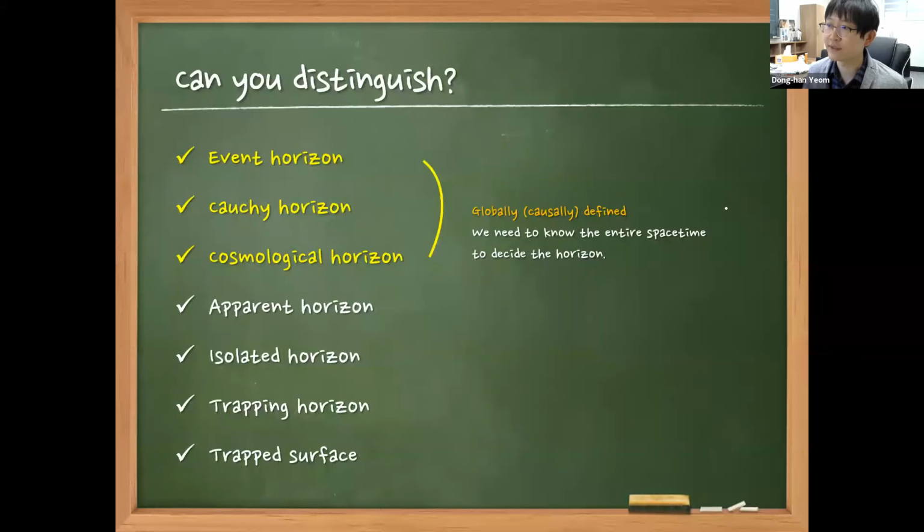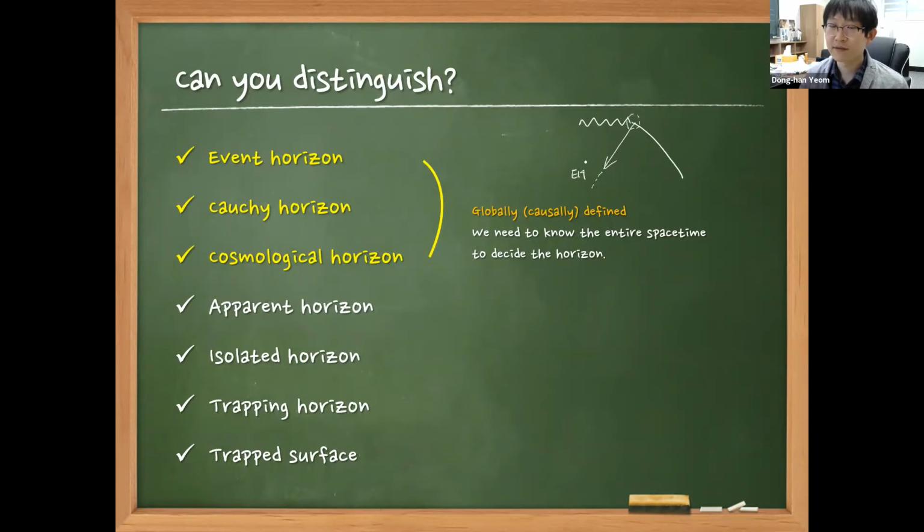We need to know the entire space-time to decide the horizon. For example, we decide the singularity and future infinity, and then there must be some crossing point between singularity and future infinity. From this point, we draw the null line backward in time. Then this causal boundary is called the event horizon.